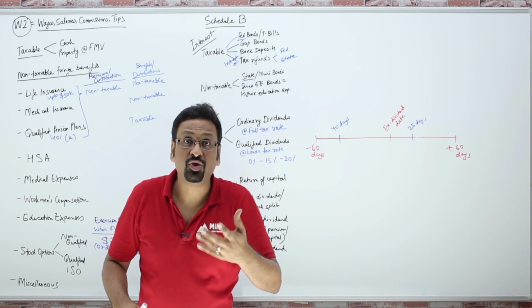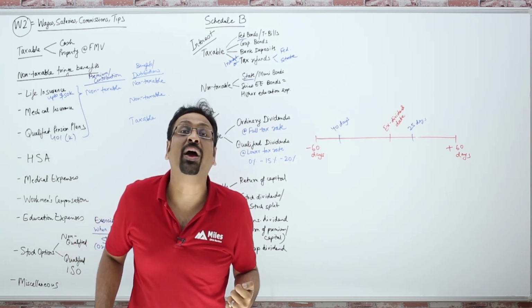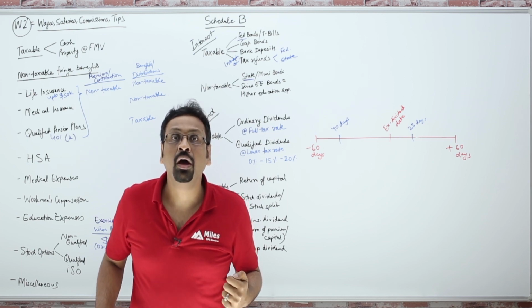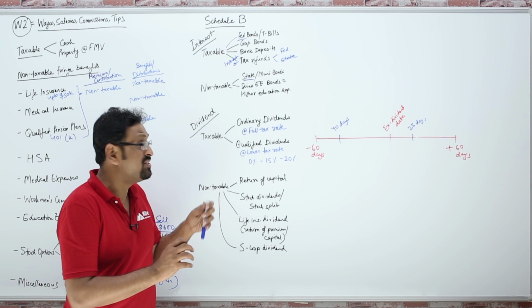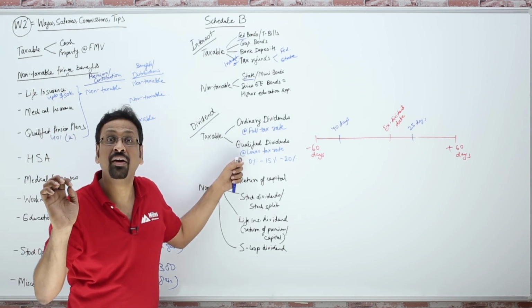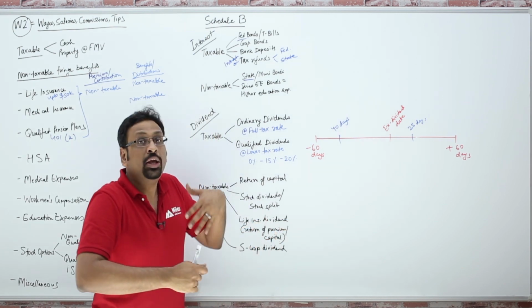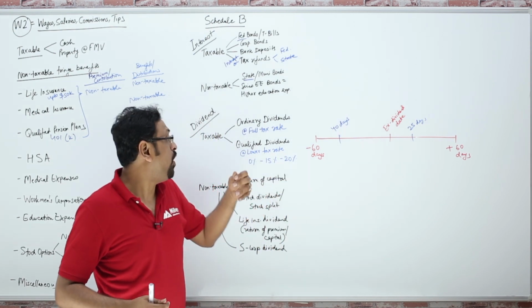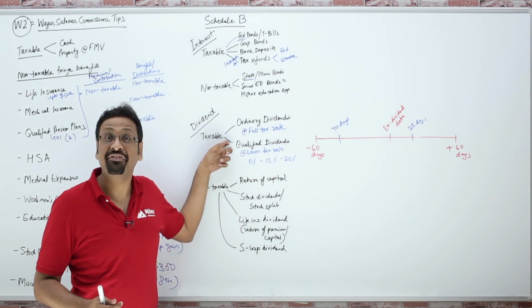For taxpayers who are in the 10 or 12% tax bracket, the low income taxpayers, the tax rate on qualified dividends is 0%. So guys, if you meet the holding period requirement, you pay a lower tax on your dividend because your dividends now become qualified dividends.